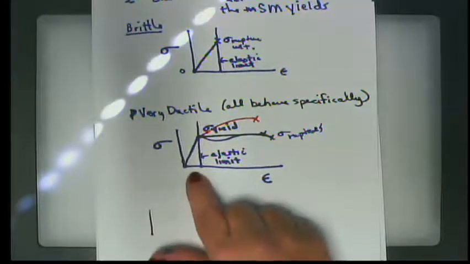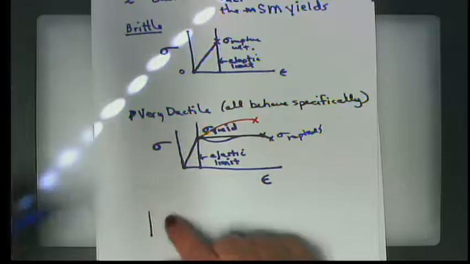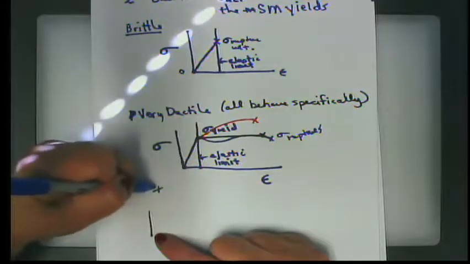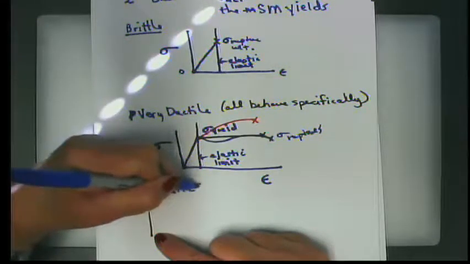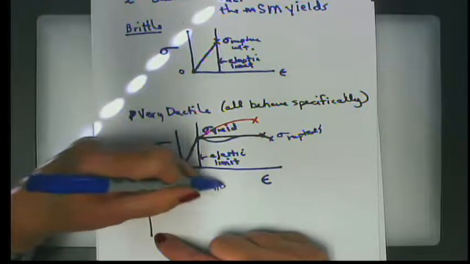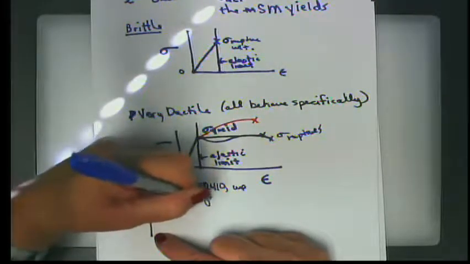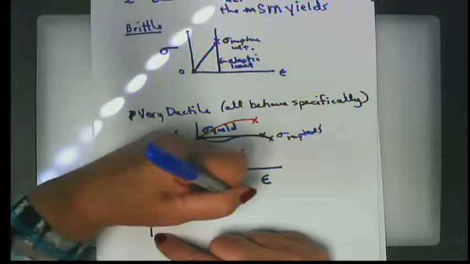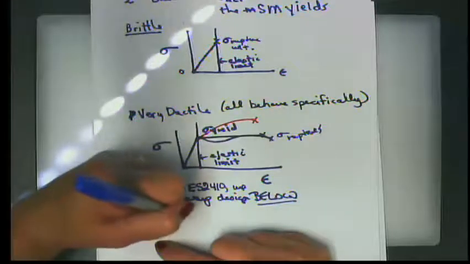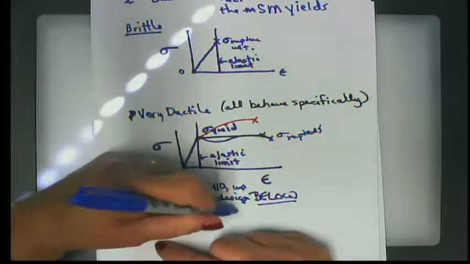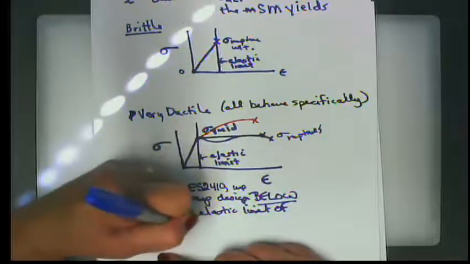So as engineers, at least at this stage of the game, when we're in mechanics of materials, so let's say, I'll say for sure in ES 2410, we always design below the elastic limit of a material, of a structural member.